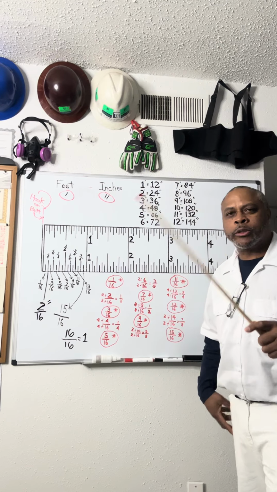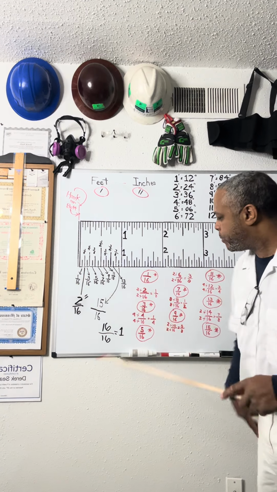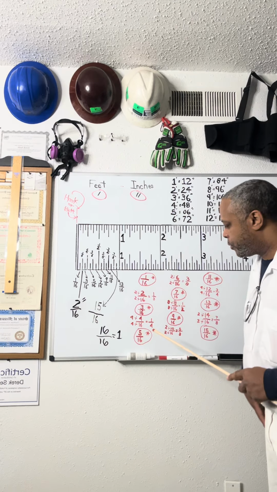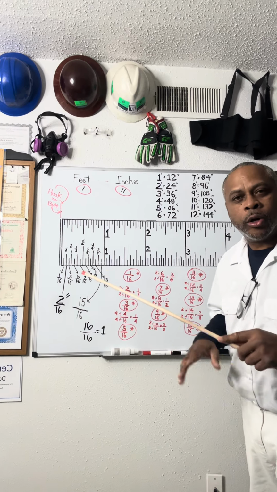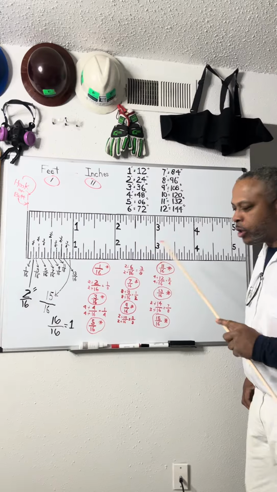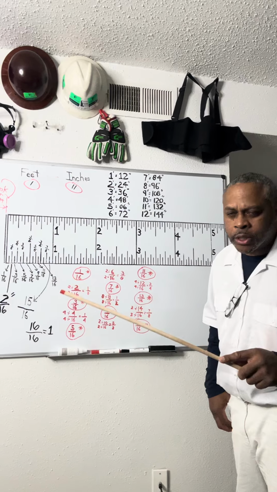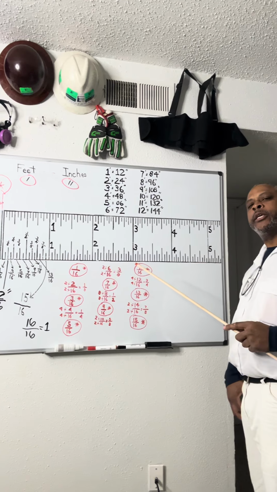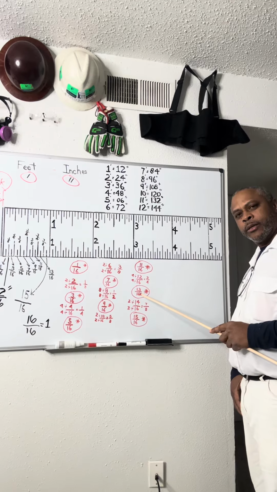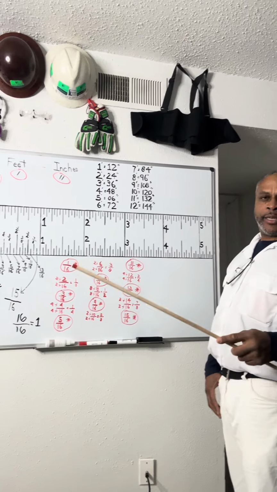Let's go over that one more time. Okay, so we're going to look at 1/16, always a 16. 3/16, always a 16. 5/16, always a 16. 7/16, always a 16. 9/16, always a 16. 11/16, always a 16. 13/16, always a 16. 15/16.